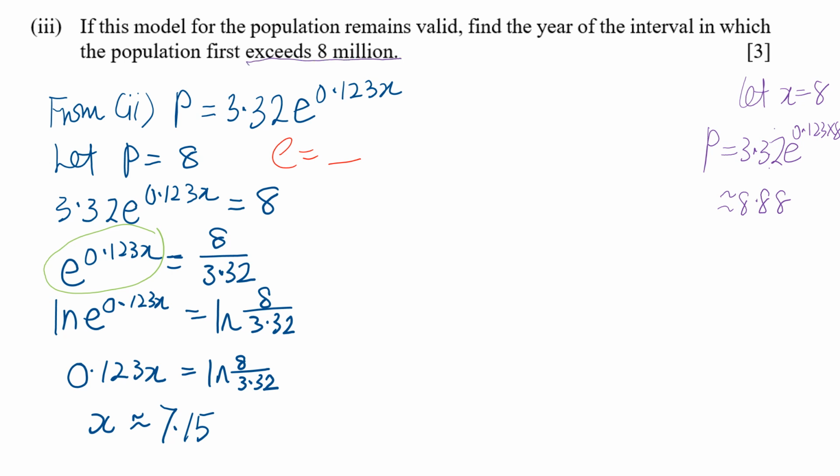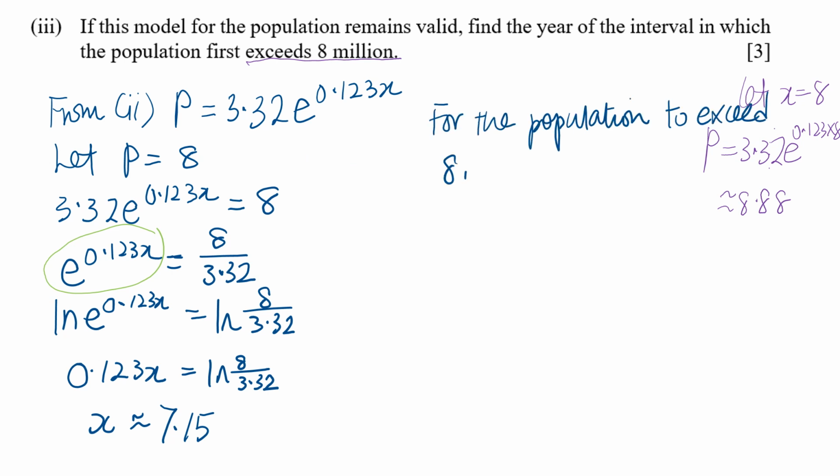Right, so therefore we need to substitute x equals to 8. So we have to show this part here to verify, to confirm that when x is equal to 8, the population exceeds 8 million.